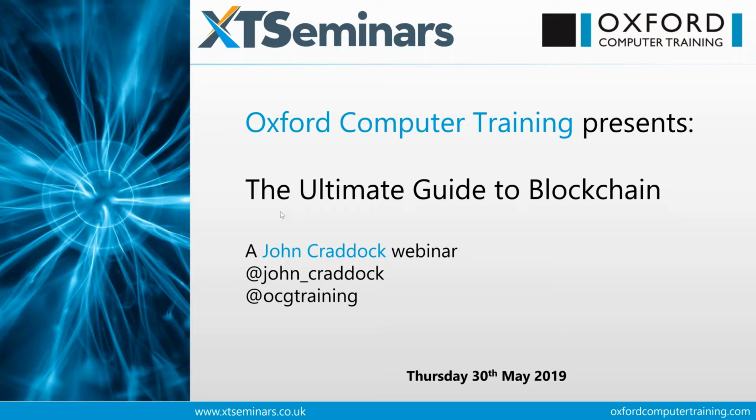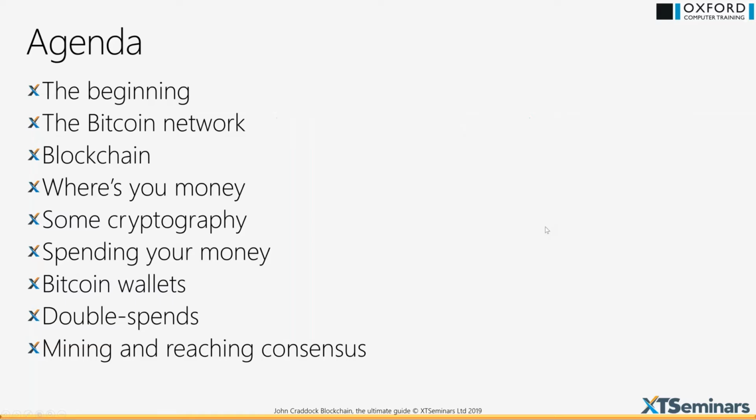Particularly as a techie, I found it really difficult to get a clear and precise overview of how blockchain actually worked. So I decided to put together this guide, and I'm going to start right at the beginning. We'll see where it came from, and I'm going to focus on the Bitcoin network.